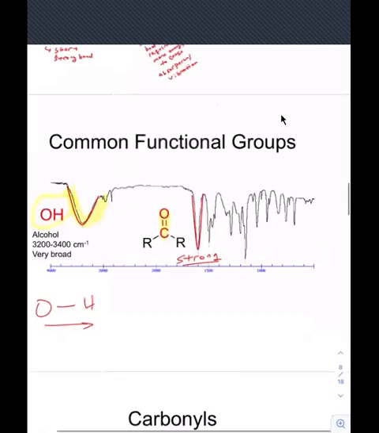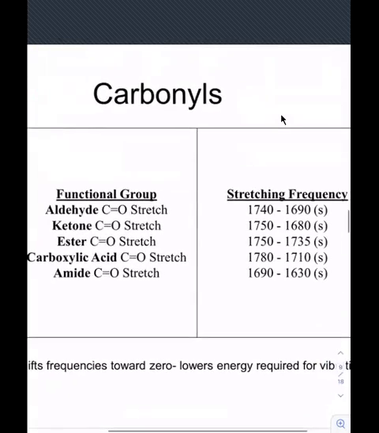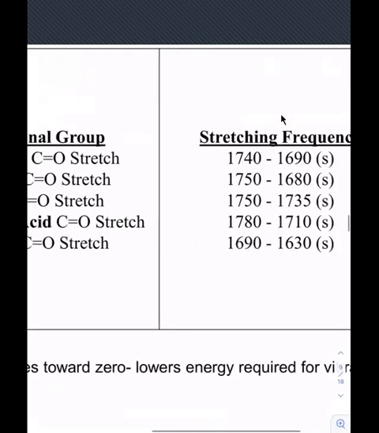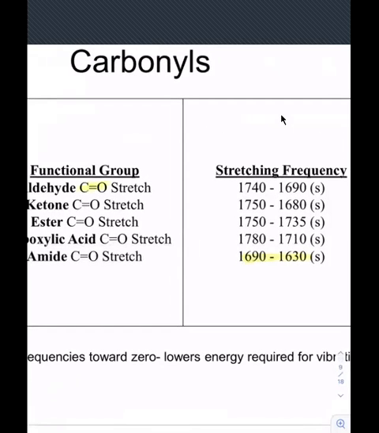Very intense stretch. Right. So your carbonyls, this table gives kind of like a guide, because they're not all the same, right? They're not identical because there are a lot of different types of carbonyls: aldehydes, ketones, esters, acids, amides. So they all have different stretches, right? So this is for an amide, and this is just for the CO stretch, right? The oxygen, you can think of it as if you grab the carbon between your thumb and your forefinger, grab the oxygen and just pull them apart, right?